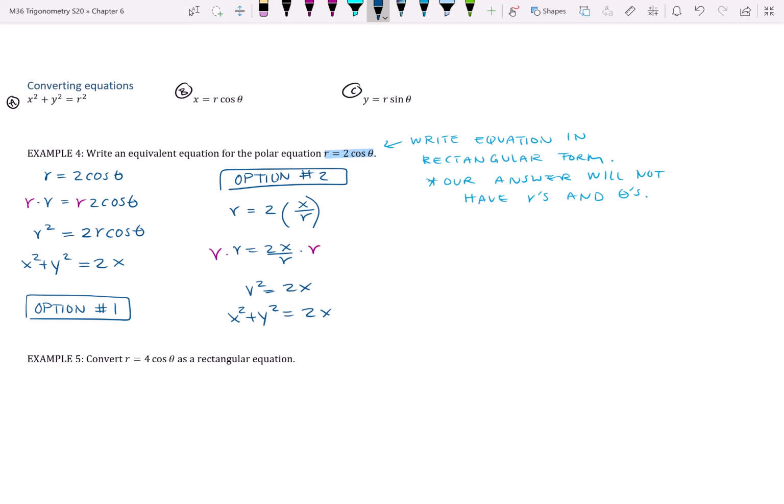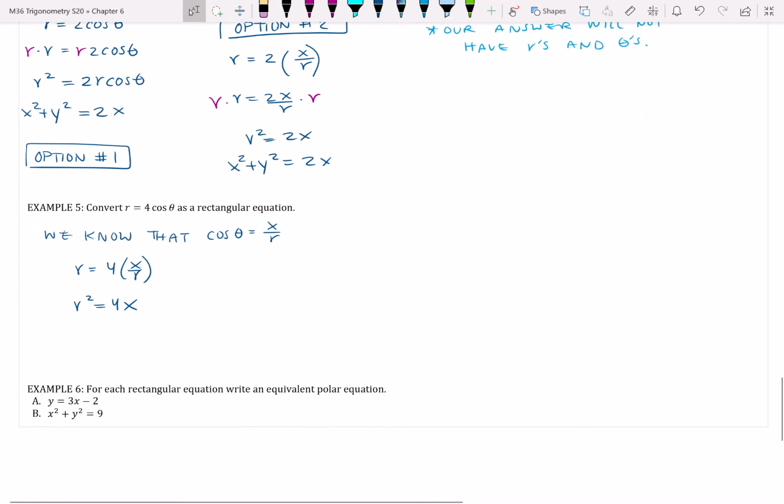We know that cosine of theta is equal to x over r, and so we get r is equal to 4x over r. We multiply both sides by r and get r squared is equal to 4x. And so we get x squared plus y squared is equal to 4x.